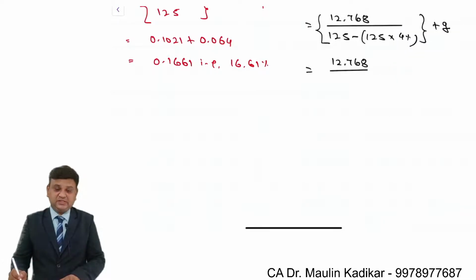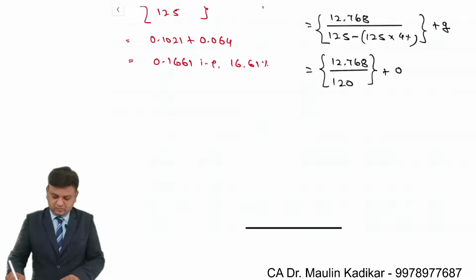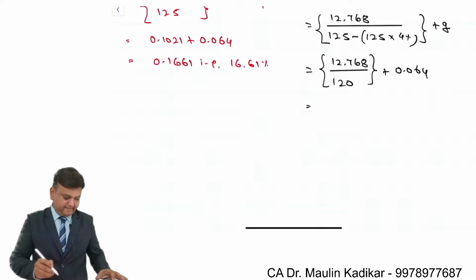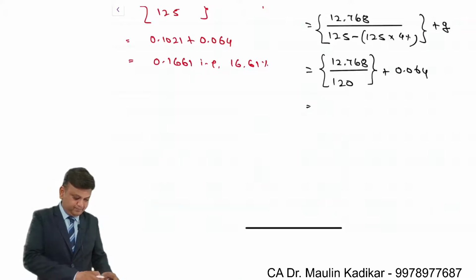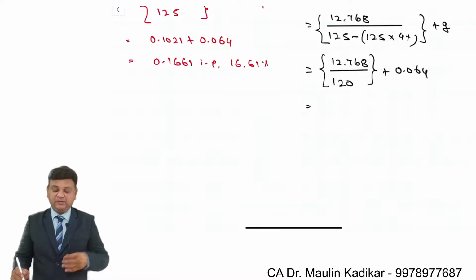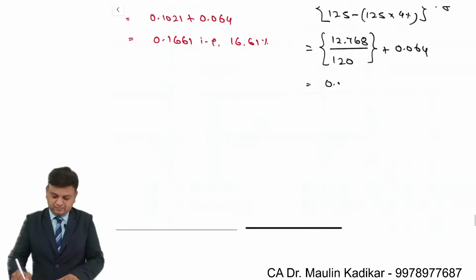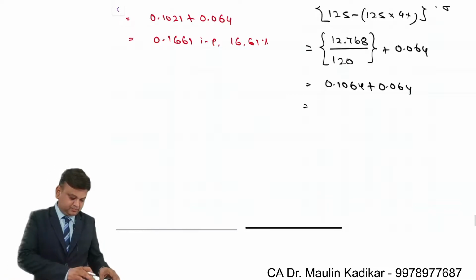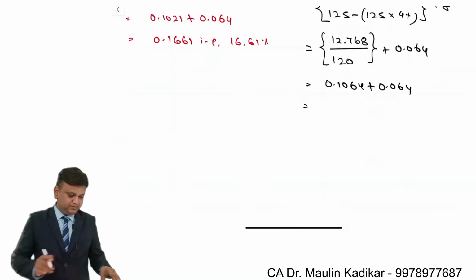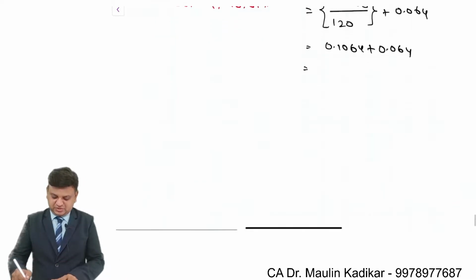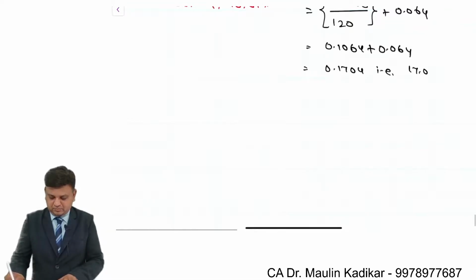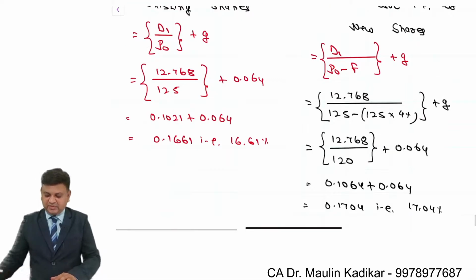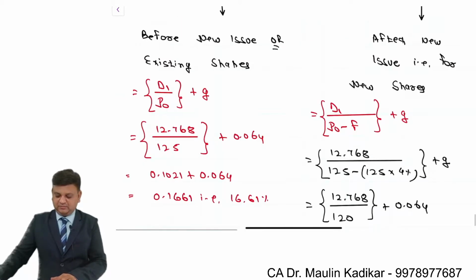So 12.768 upon 120 plus 0.064. So 0.1064 plus 0.064. 17.04 percentage. That is the way we can make the calculation of the cost of equity.